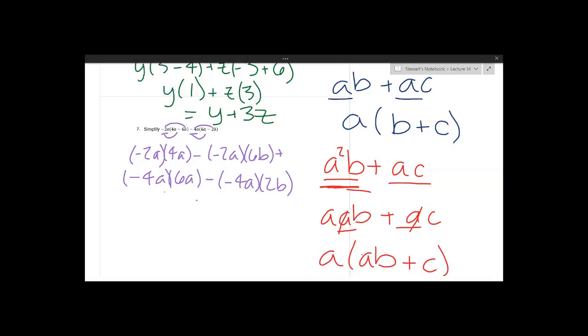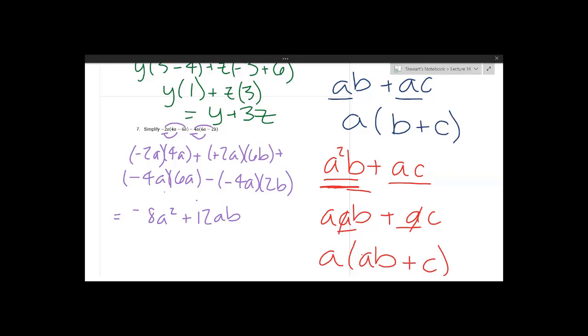So if we start multiplying these out, negative 2a times 4a is negative 8a squared. And then negative 2a times 6b is negative 12ab, but minus a negative is the same thing as plus a positive. So we just have plus 2a times 6b, so we have plus 12ab.